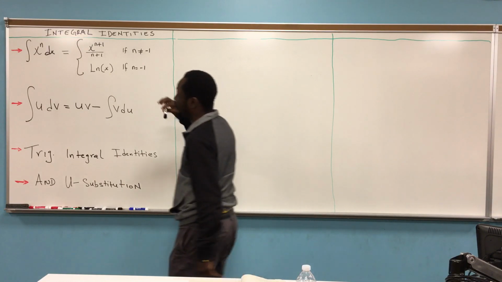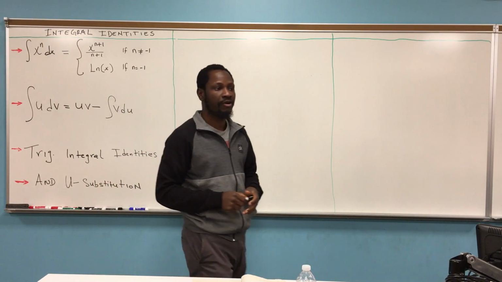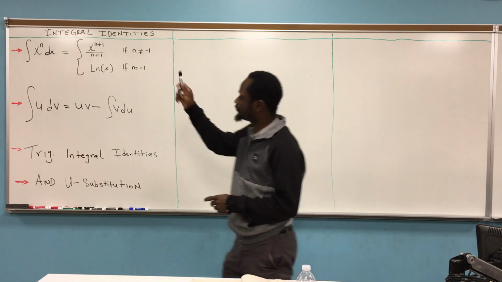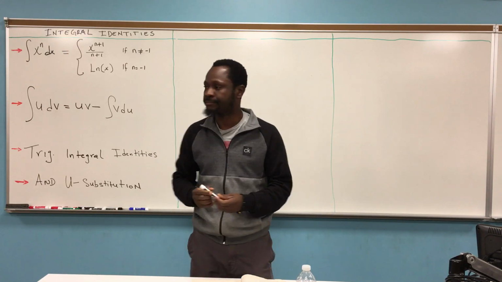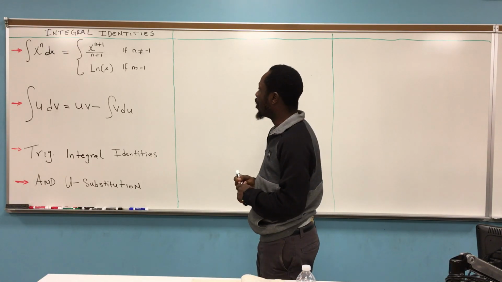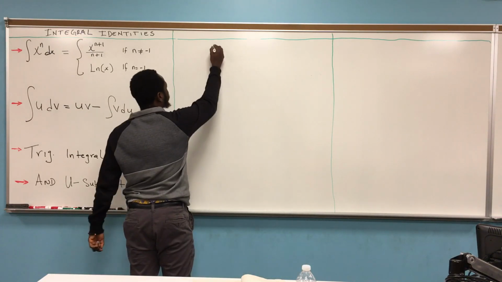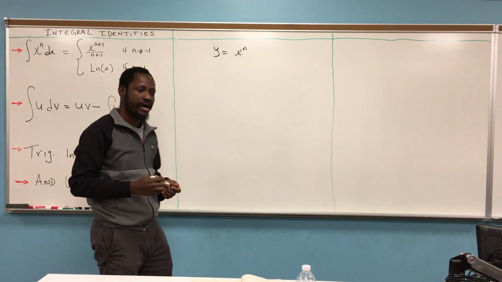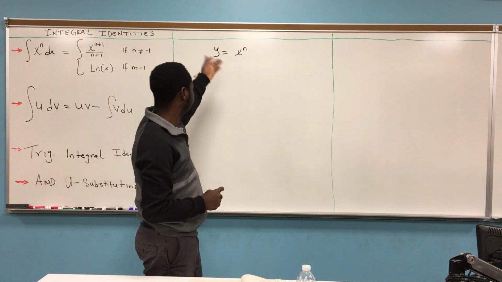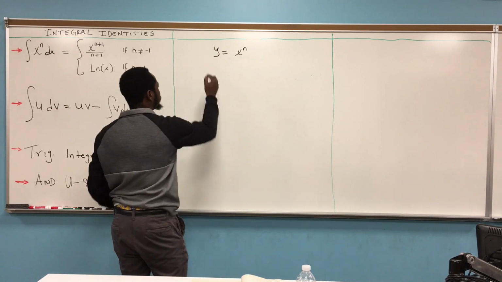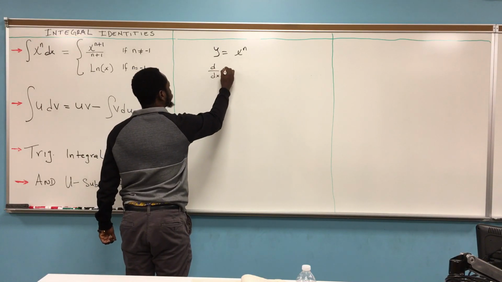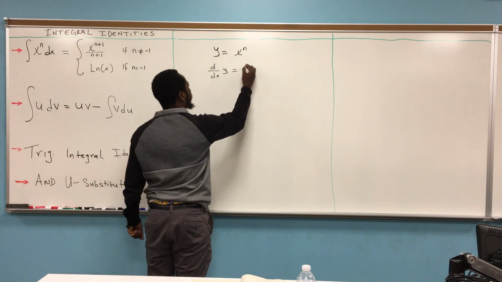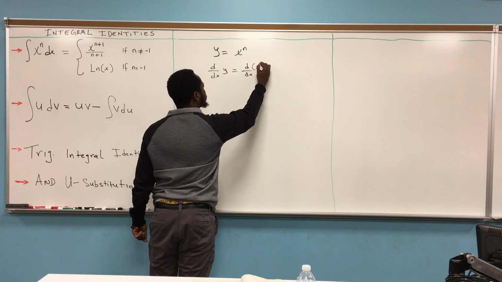So I would start with a little bit of differential calculus, just to introduce the first identity I have here. I'm sure most of us know this. When you have a function y is equal to x to the n, and you are asked to find the derivative of this, you simply take the derivative with respect to x, you will have d/dx of x to the n.